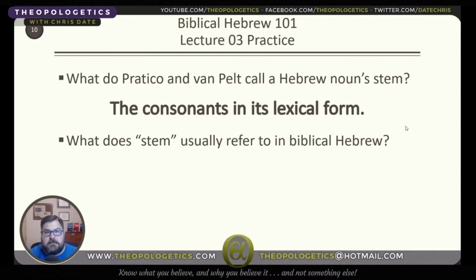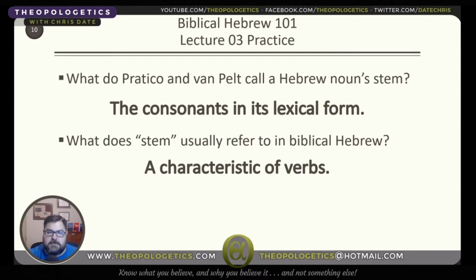Okay. What does stem usually refer to in Biblical Hebrew? This is not something that you find out in Pratico and Van Pelt's chapter 4, and so I'm adding this in here as I did in my lecture because I don't want you to be confused when you hear the word stem. Although Pratico and Van Pelt use the word stem to refer to the consonants in a noun's lexical form, usually stem, in the context of Biblical Hebrew, refers to a particular characteristic of verbs.